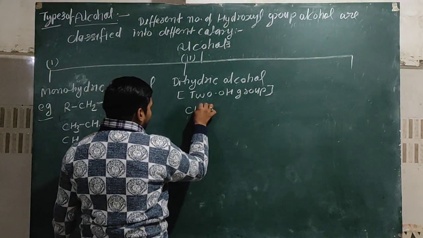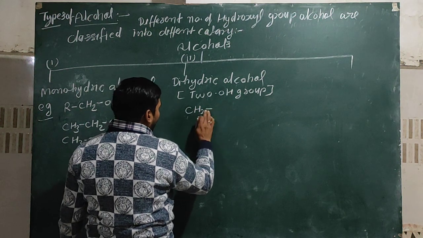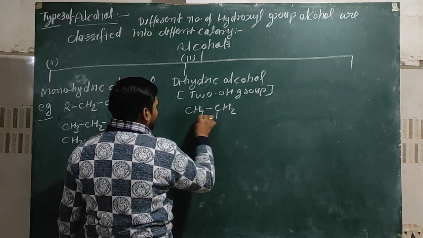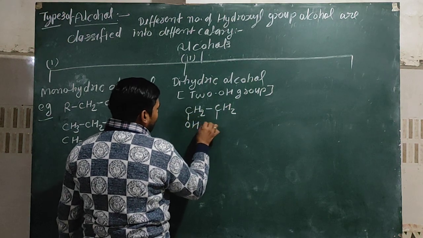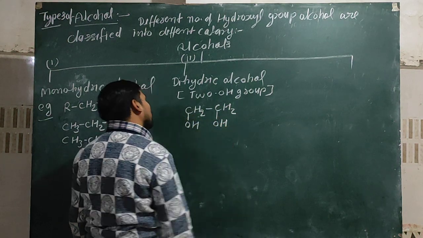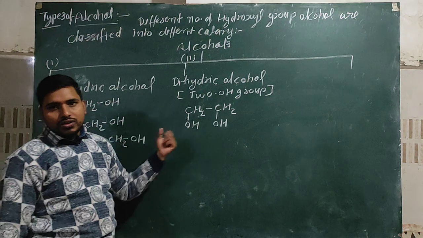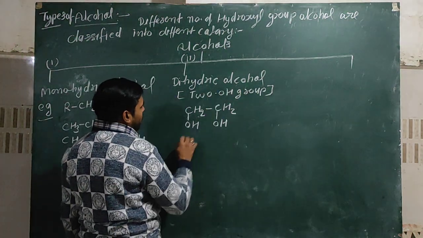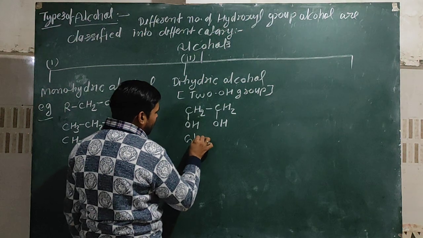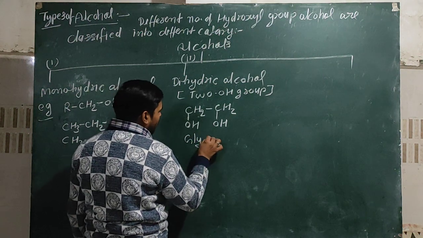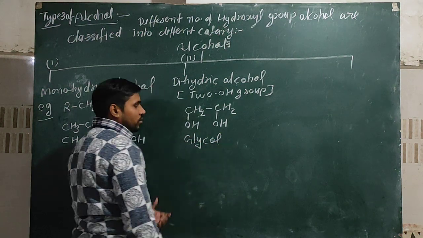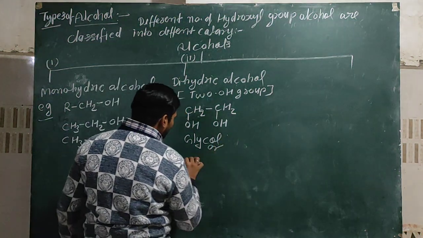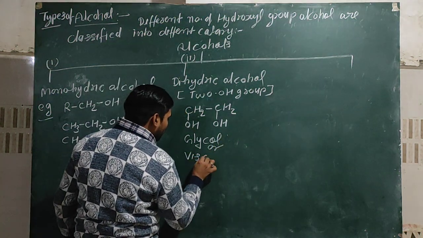You can see here CH2, CH2. This carbon chain contains only two OH groups in its structure, and it is known as dihydric alcohol, but the actual name is glycol or vicinal diol.